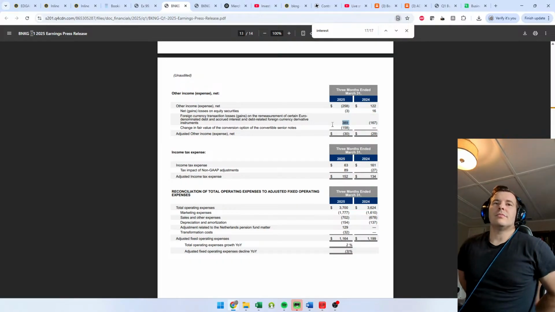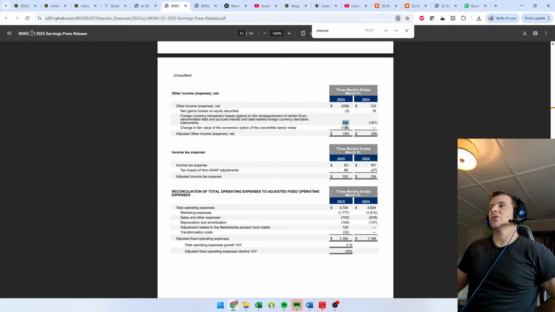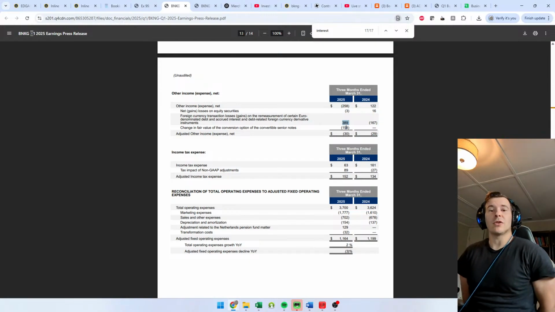There are a lot of other potential things. They may be using an average price rather than the spot price on the last days. But they lost about $400 million in the quarter because their debt is denominated in euros, but most of their business is denominated in dollars. And so the euros that they're going to owe back are going to cost more dollars, and they're going to cost about 400 million more.